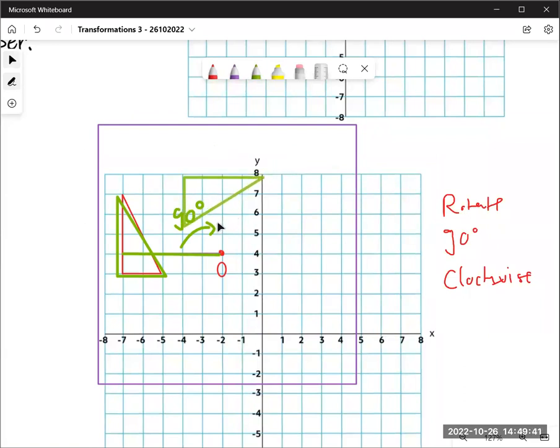Something like this. No, not like that, just like that. It should be like this. Oh yeah, the shape. That's it.